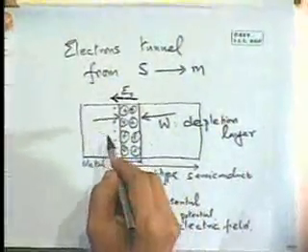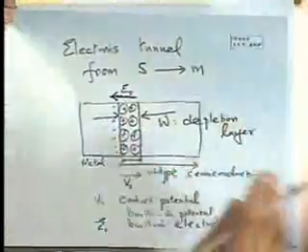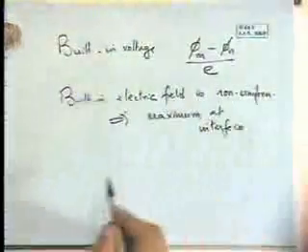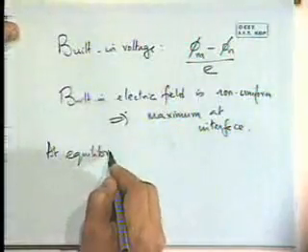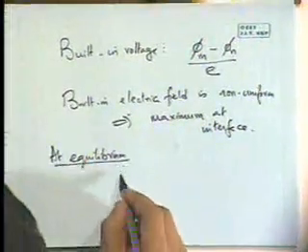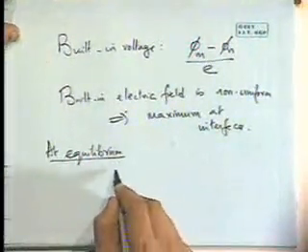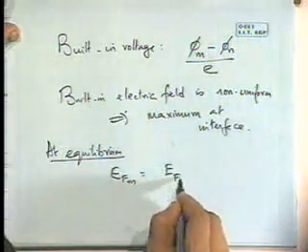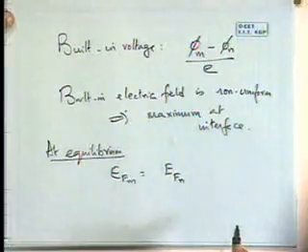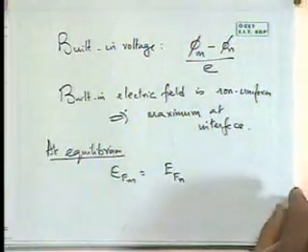It increases, and it's the maximum at the metal semiconductor interface. So at equilibrium now, we have EFM equal to EFN. The two Fermi levels are equalized.